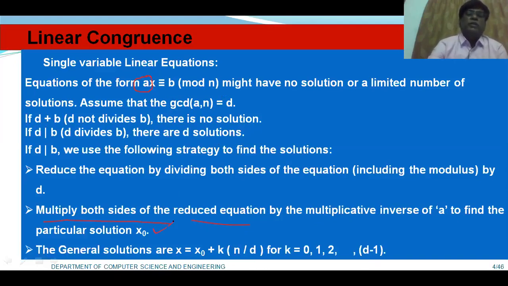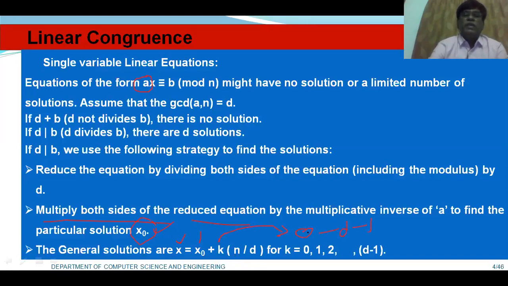If you get the particular solution, then the general solutions can be obtained like this. x equals x naught, which you already found, plus k times n by d. Here the k value can be from 0 to d minus 1.